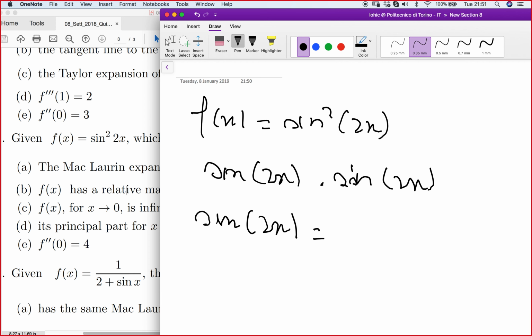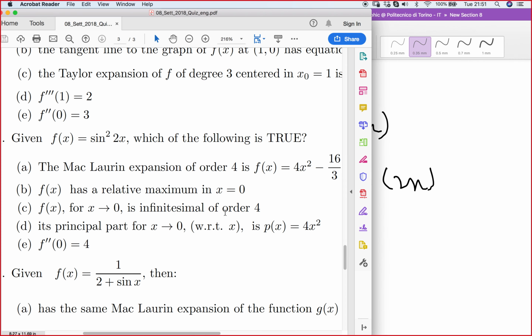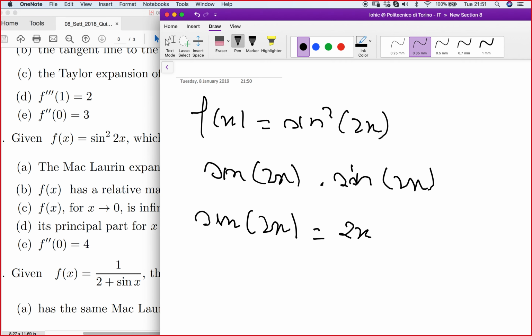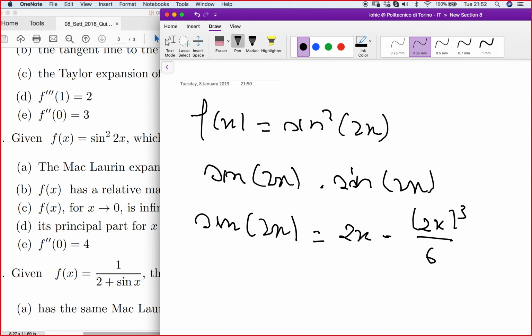So it will be the quantity, okay, we need the Maclaurin expansion of order 4, minus the quantity cubed, that's 2x to the power 3 all over 6, and it's minus for the sign.